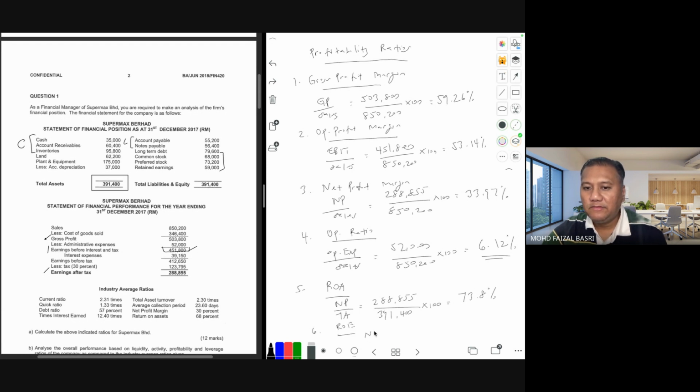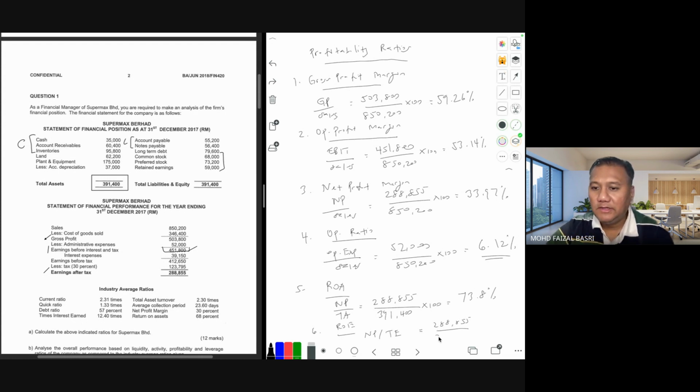It's net profit bahagi total equity. So it's 288,855 divided by, okay, total equity ni tadi I tak tulis, 68,000 plus 73.2 plus 59.